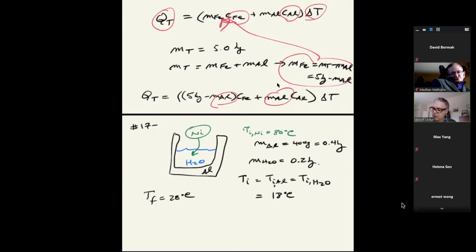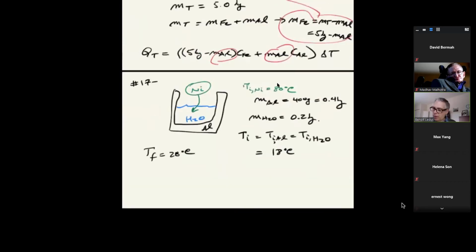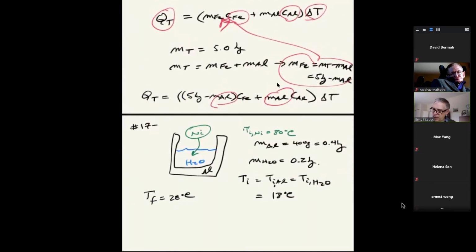So it's a thermal exchange problem, Alina. The thermal energy in the hotter body goes into the colder bodies. The hotter body is the nickel, and the colder bodies are both the aluminum and the water.